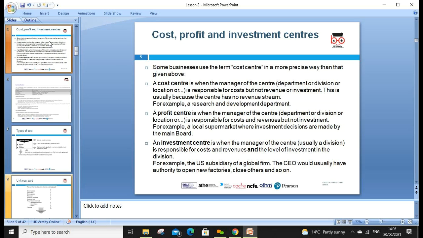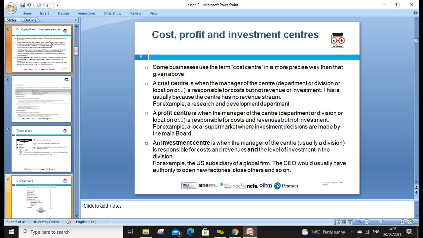This is usually because the center has no revenue stream, not earning, not dealing with sales. For example, a research and development department is a cost center, because they do not generate revenue, so their costs can be borne by other departments that benefit from the research and development department.